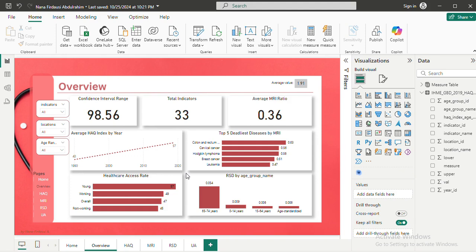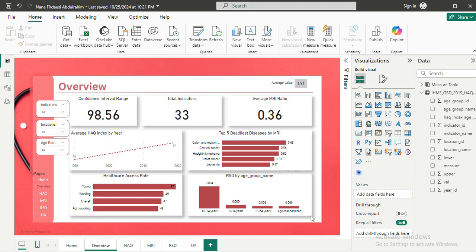And then here is the risk standardized by age group. People from 65 to 74 years are very liable to getting infected with these diseases.